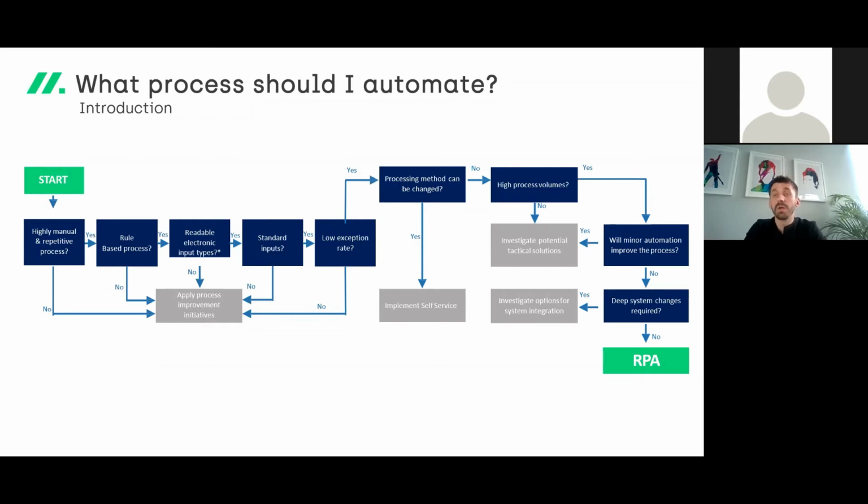If no, then the last question is whether deep system changes are required. If no, then we should implement robotic process automation. So as you can see, the questions we should ask are quite detailed, but they will help us pick only those processes which are really good candidates for automation.